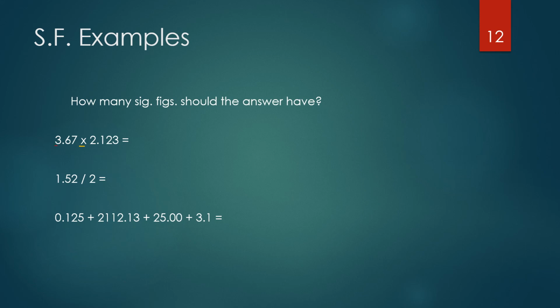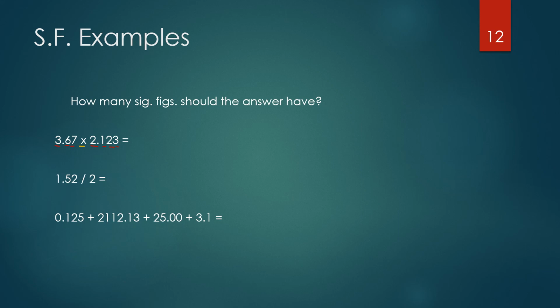So the first number, 3.67. Well, they are all non-zero numbers, so they all count. So we have 3 total significant figures in that number. The number we're multiplying it by is 2.123. Once again, they are all non-zero numbers, so they all count, giving us a total of 4 significant figures. Now remember, we're picking the number with the least amount of sig figs.